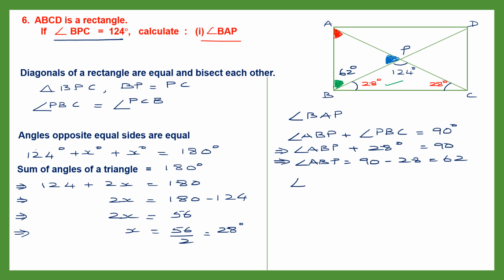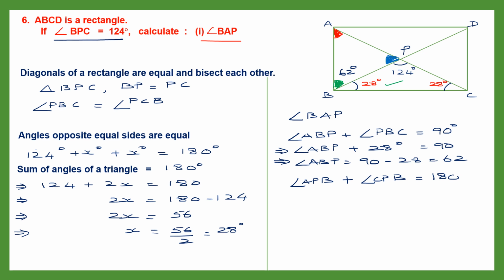So angle APB plus, now look at this angle here, 124. That is angle CPB. Okay, so let's write that, plus angle CPB should be equal to 180 degrees.